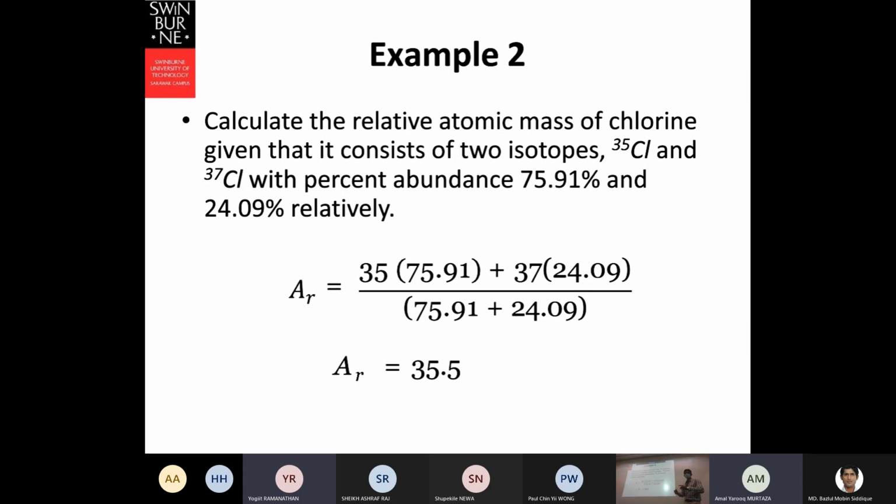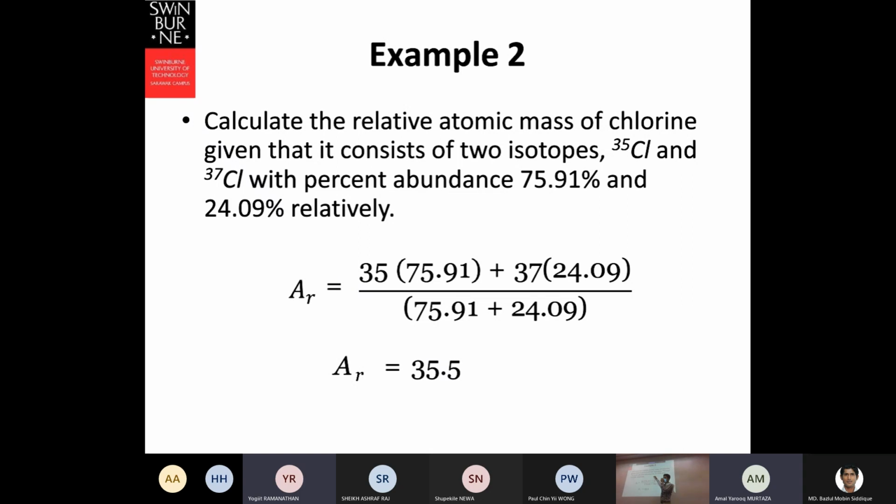How do we get the average? Just like in the previous slide, we learned that AR is the percentage of abundance times the atomic mass of this, divided by the total abundance. So 35 times the percentage of abundance, 75.91, plus the summation means this plus, plus, plus.